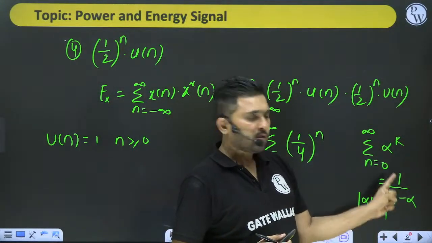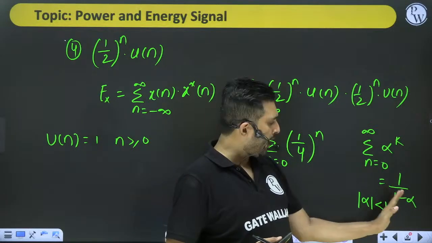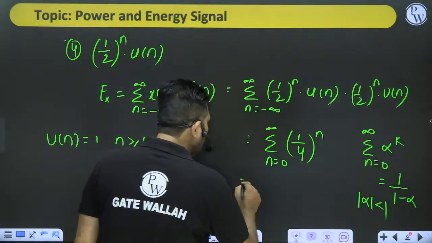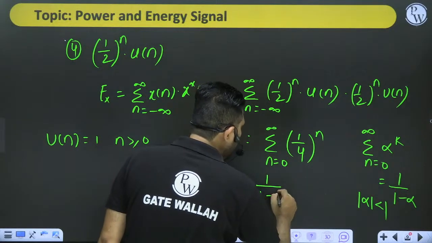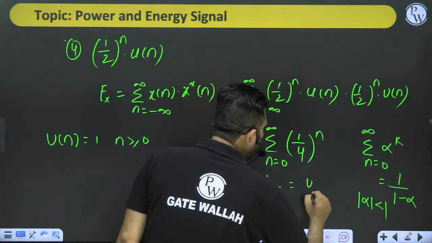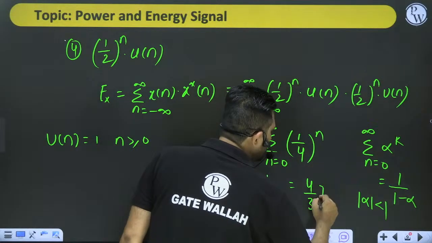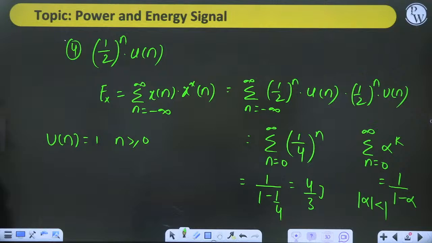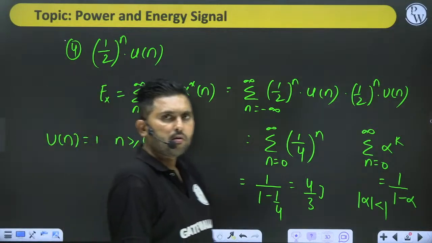Is it clear? So this is the infinite GP series formula, which is written as 1 upon 1 minus alpha, and hence it is equal to 1 upon 1 minus 1 by 4, which is equal to 4 by 3 joule. So easily you can find out the energy to be 4 by 3 joule.